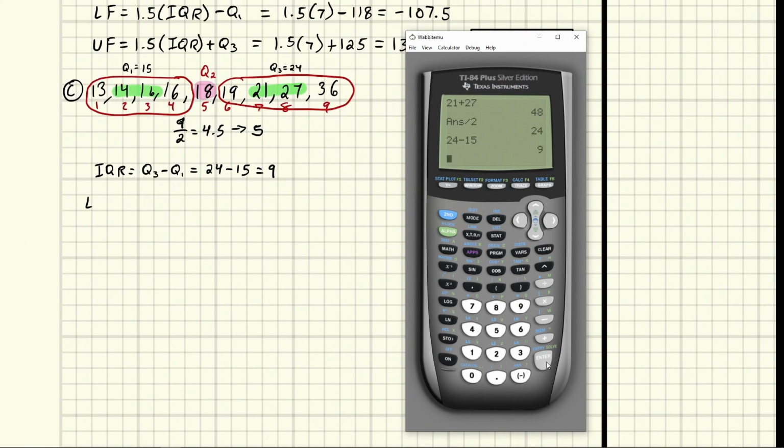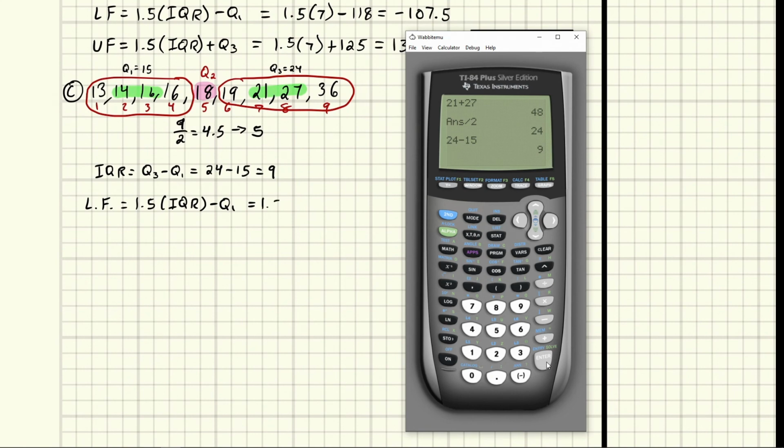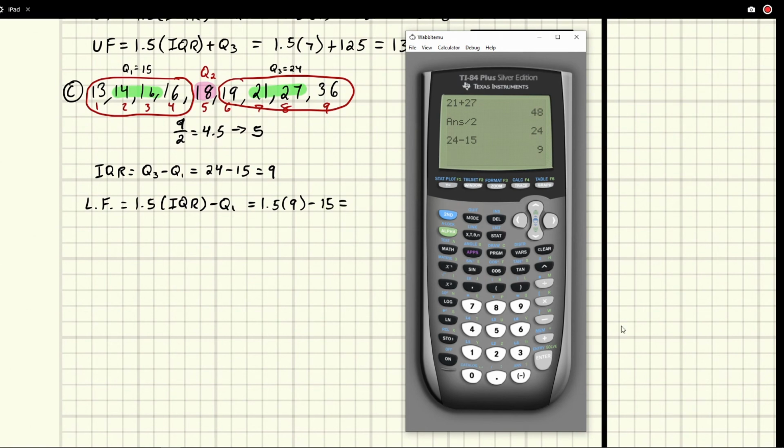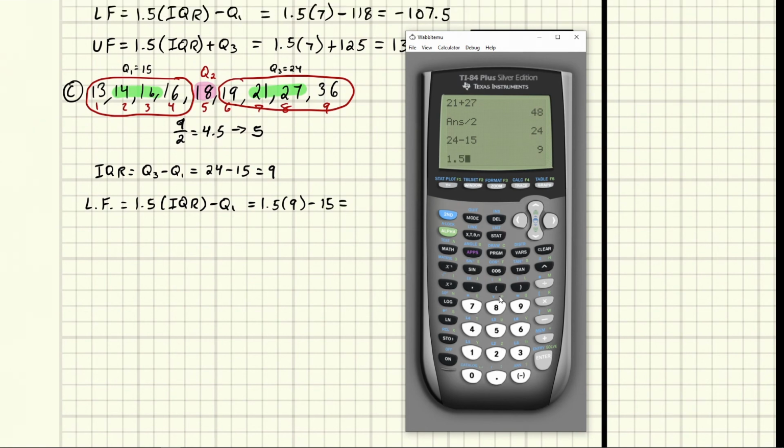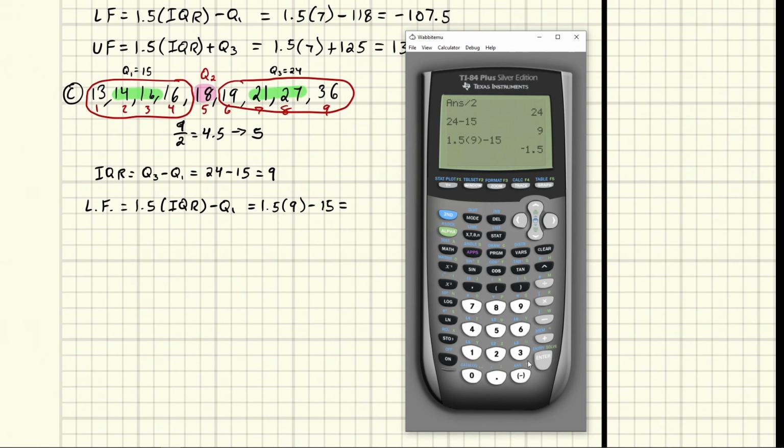Our lower fence is equal to 1.5 times the interquartile range minus Q1. This would be if a value is too low. This is 1.5 times 9 minus 15. We get negative 1.5.